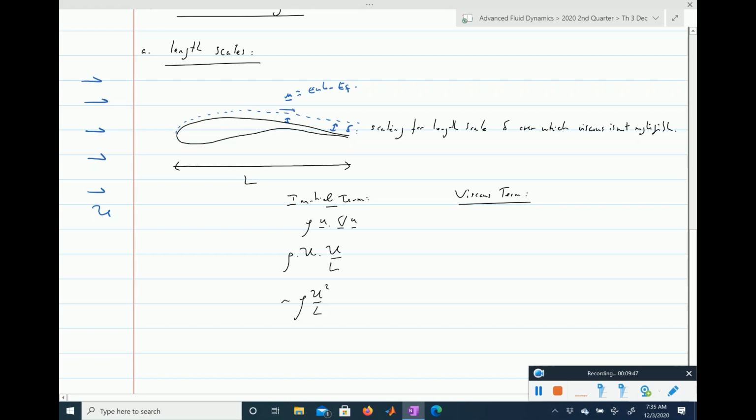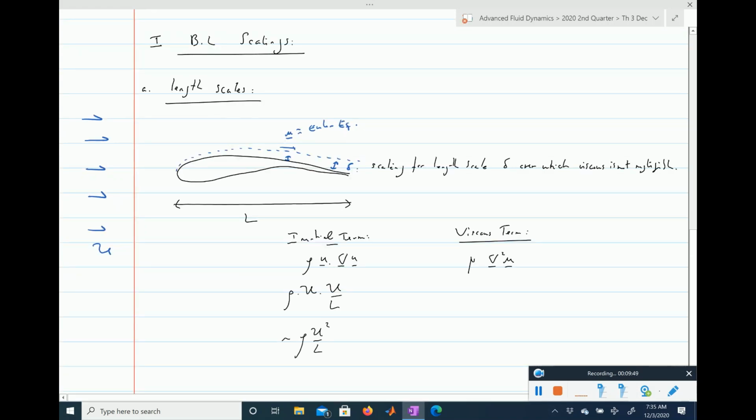Now let's look at the viscous term, which is mu times the Laplacian of u. In this term, we have the sum of three terms. We have the second partial of u with respect to x. We also have the second partial of u with respect to y. And if we assumed a 3D flow, we also have the second partial of u with respect to z.